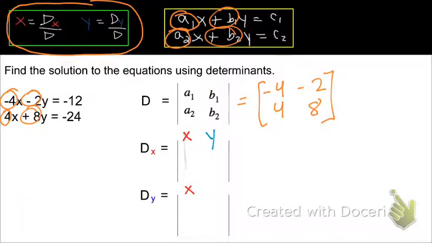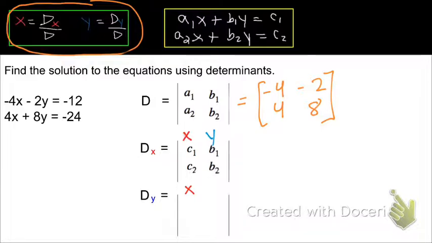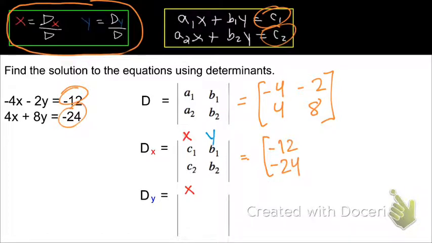The x column is no longer A1 and A2, it is now C1 and C2. And the y column stays the same. So for this one, it would be C1 and C2, what's at the end here, -12, -24, and then B1 and B2 still stay as -2 and 8.